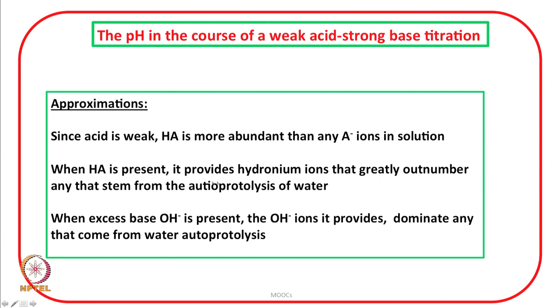This is also an assumption: we will be ignoring the hydronium ions coming from autoprotolysis of water, and we will consider the hydronium ions that come from HA. And when excess base is present, the OH minus ions which come from the base will dominate any that come from autoprotolysis of water. These are the approximations that we are going to make.